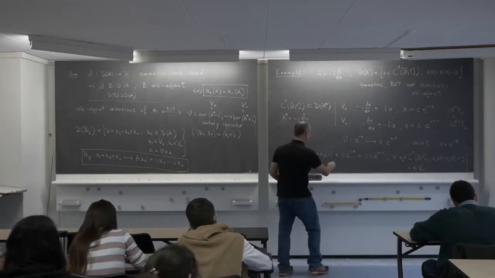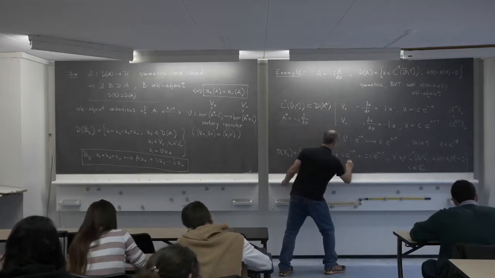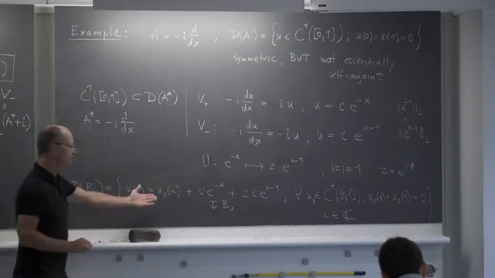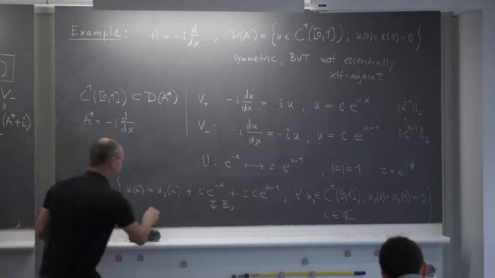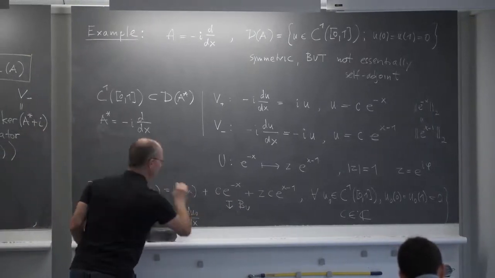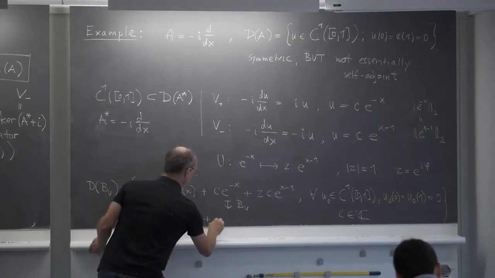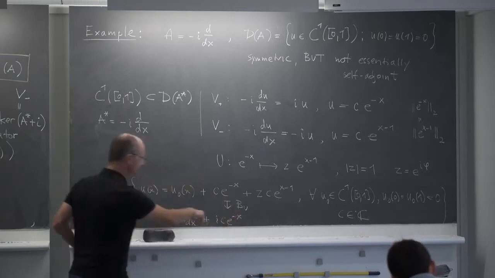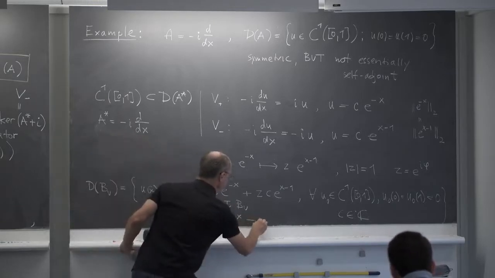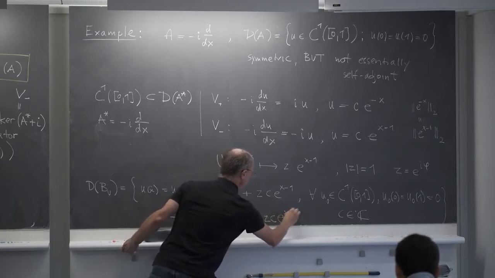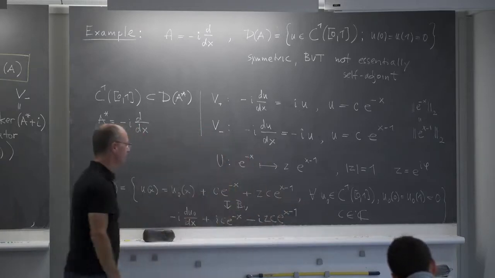Now maybe let me write it here. B u maps this vector to minus i du naught over dx plus i c exponential minus x, minus i z c exponential of x minus 1.